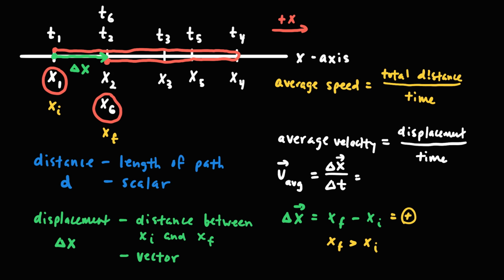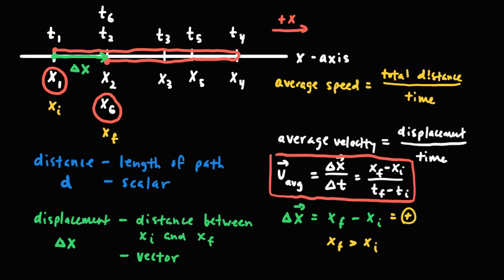So sometimes we even write xf minus xi divided by tf minus ti. So displacement and velocity really do depend on the initial and final positions, whereas quantities like distance and average speed depend on the total length of the path and the total amount of time.